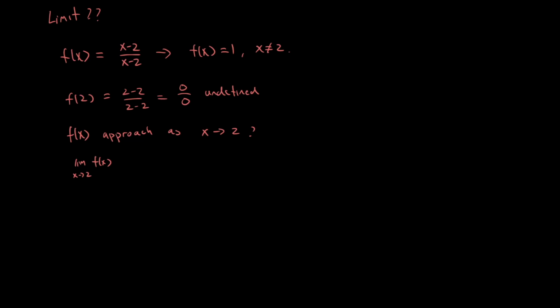And the way we do this is we just ask ourselves, well, what does f of x approach, right? So if we just draw out a Cartesian coordinate plane like so, we have x equal to 1, 2, -1, -2, 1, 2, and we would have a graph that kind of looks something like this.